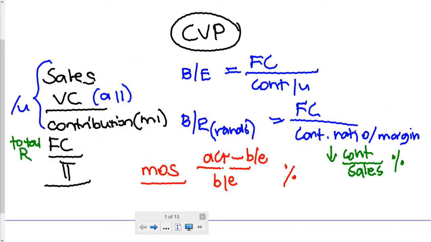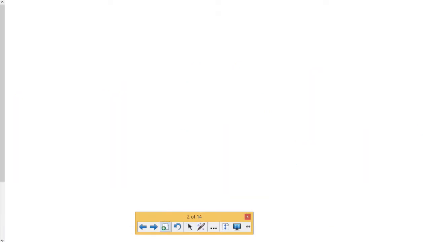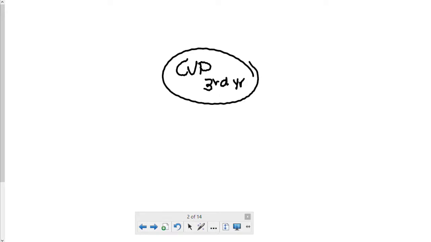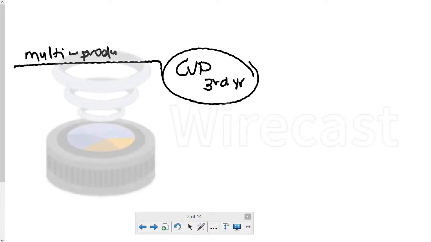At third year level, when we're looking at CVP, we really are looking at two things. We're looking at multi-product break-even, which I taught you when we were doing the assignment, because it needed to be done.